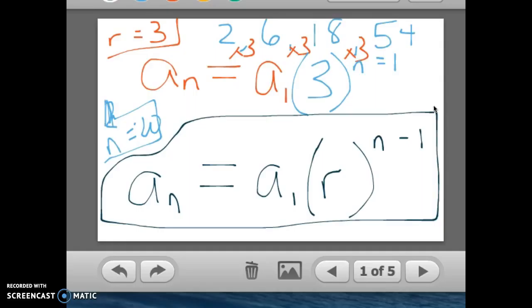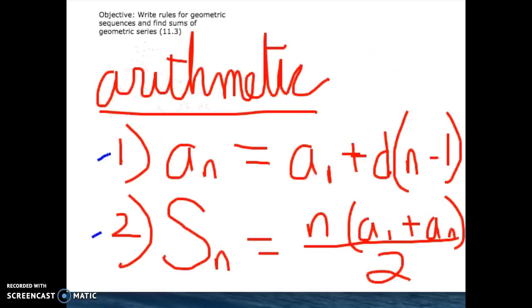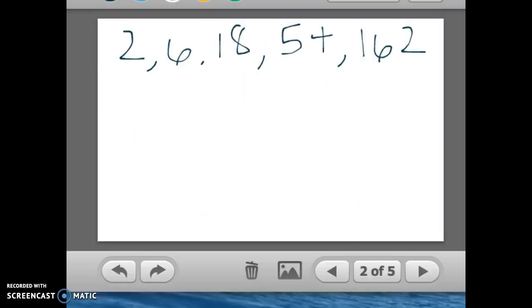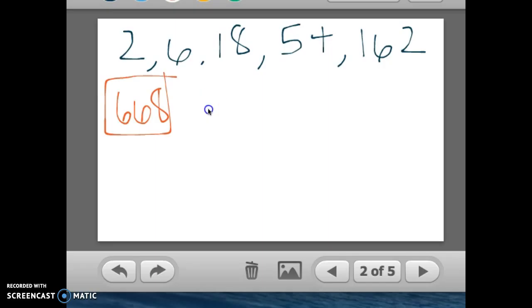Now the second formula is a little more complicated to find, and that's to find the sum, Sn, the sum of a geometric sequence. Now the book does a little bit of an explanation of this formula on page 668, but I'm just going to use the formula on this sequence here of 5 terms.